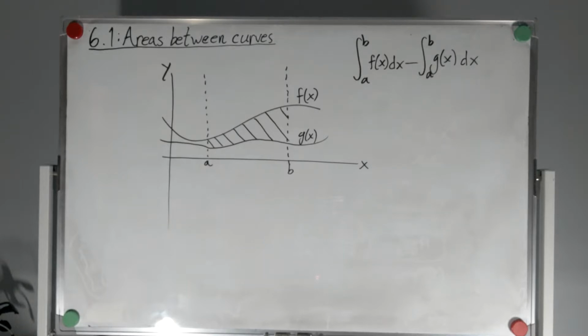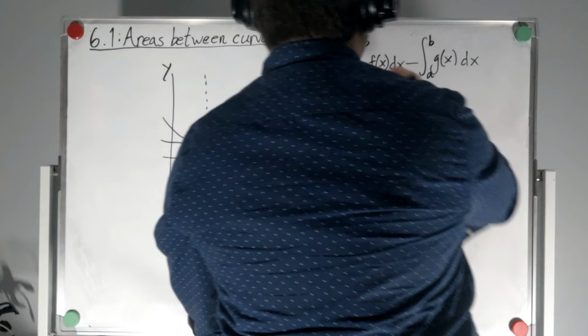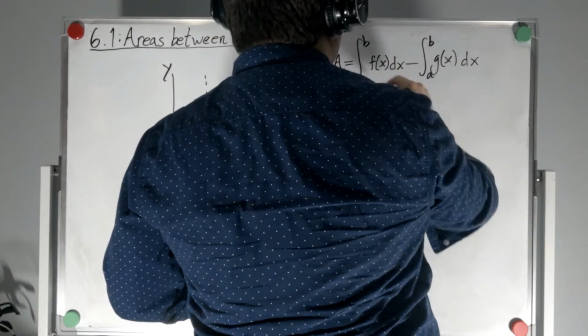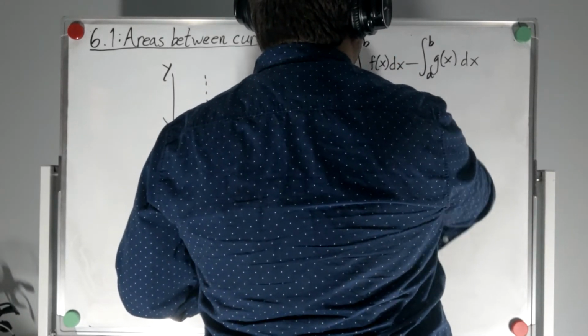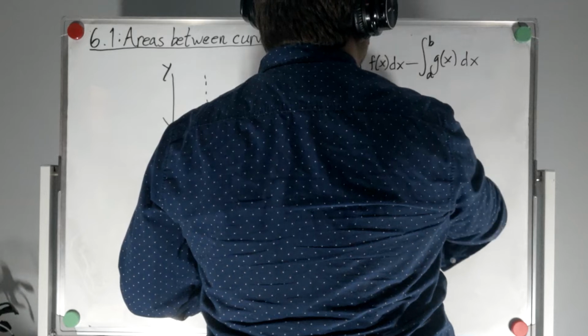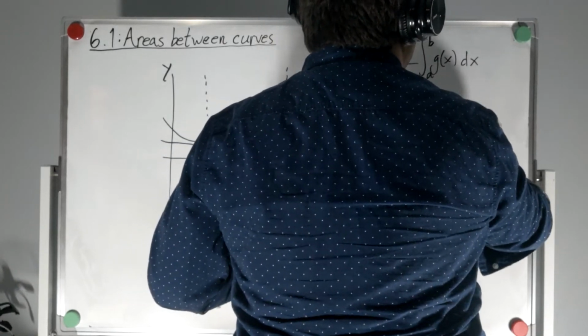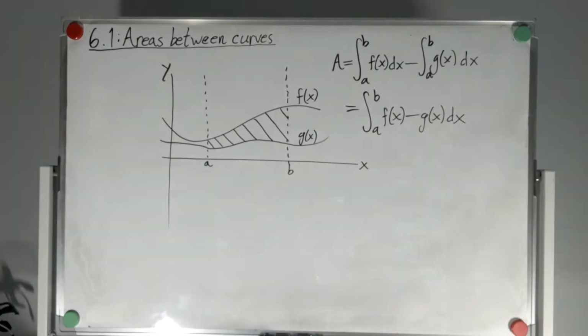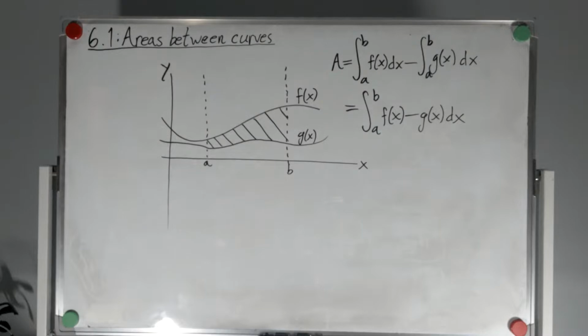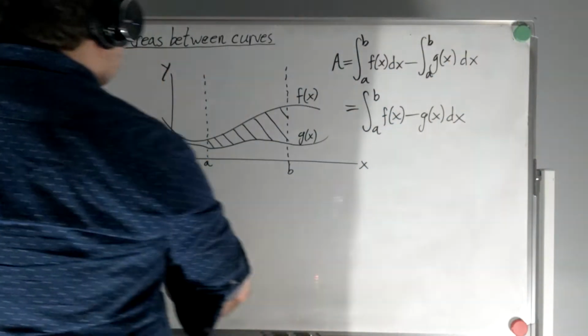And that should give us the area of our region. By the way, it is a property of the definite integral that you can split this up so that it becomes the integral of f of x minus g of x. Hopefully we remember that from the end of Calculus 1. In any case, let's go through some examples of how this works.